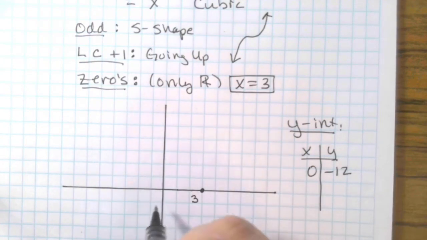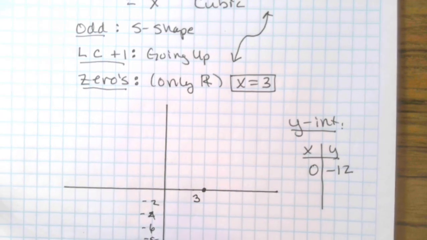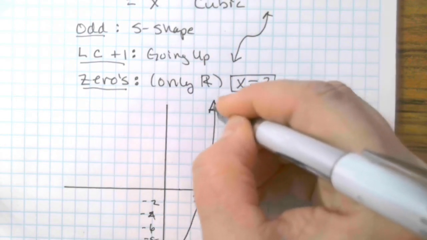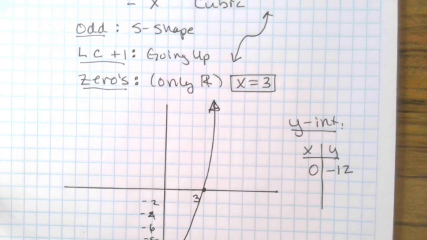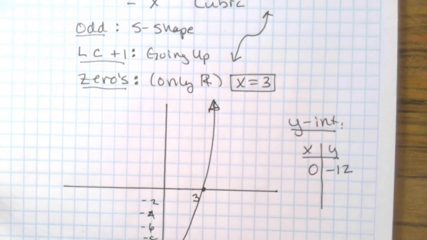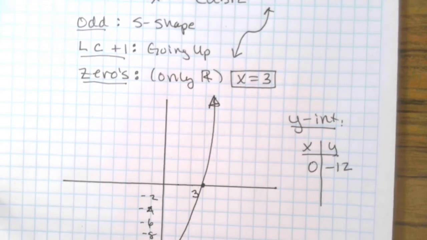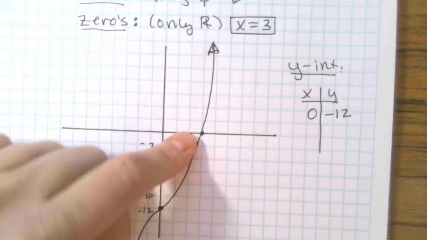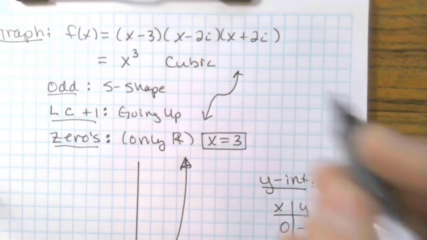I'm going to make this a little more. 2, 4, 6, 8, 10, 12. Crosses there, and we're assuming from there it goes on. And multiplicity-wise, x equals 3 only appeared once.